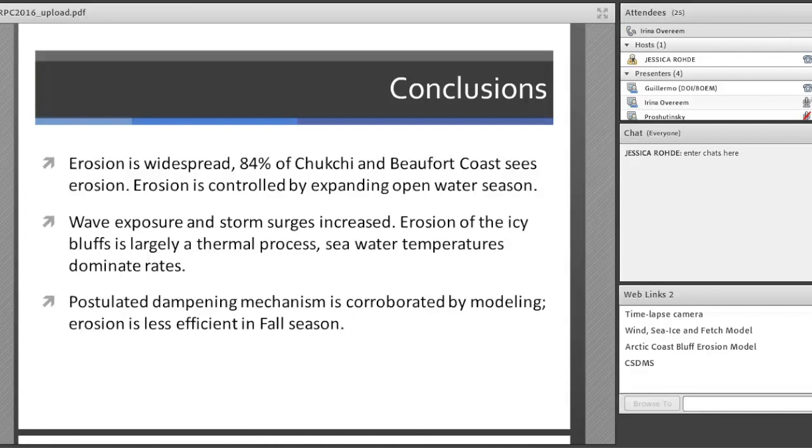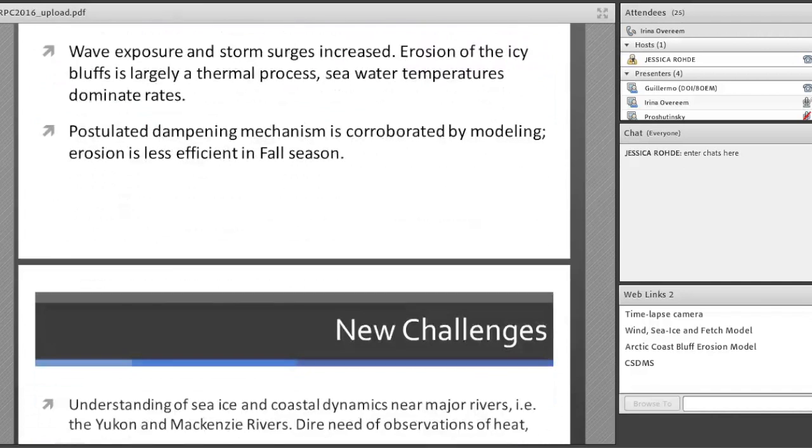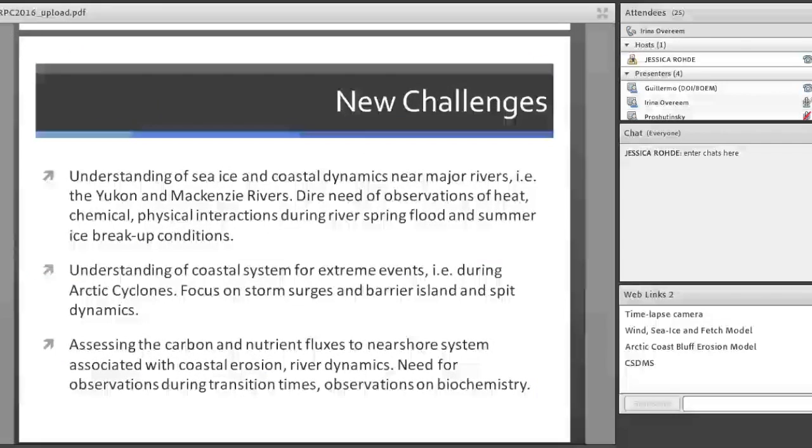That erosion there is less efficient in the fall season, but this is definitely something that does not apply when you're looking at barrier islands and it's a sand transport dominated story.